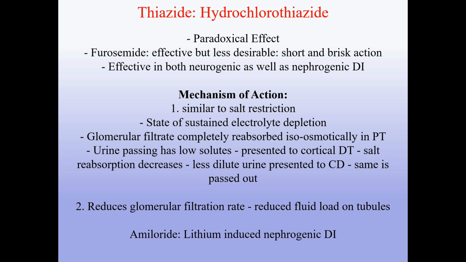Mechanism of action: similar to salt restriction, a state of sustained electrolyte depletion, so the glomerular filtrate is completely reabsorbed isoosmotically in the PT, and urine with low solutes is presented to the cortical DT, where salt reabsorption decreases, less dilute urine is presented to the CD, and the same is passed out. Second, they reduce glomerular filtration rate, reducing fluid load on tubules. Also amiloride, for lithium-induced nephrogenic diabetes insipidus.